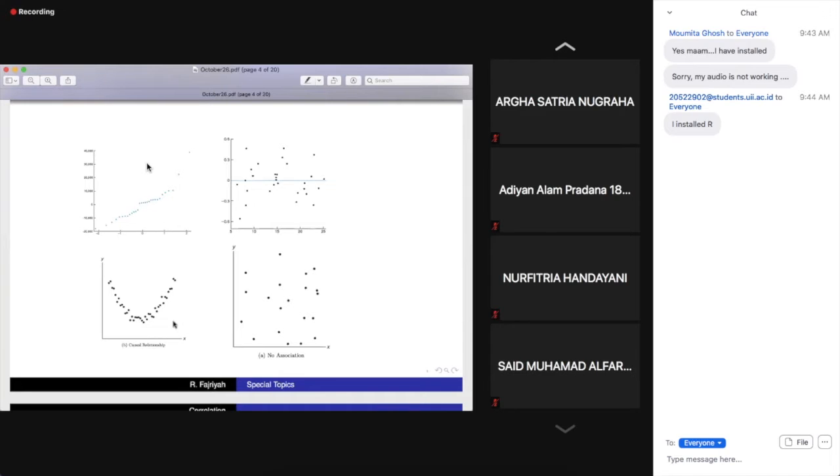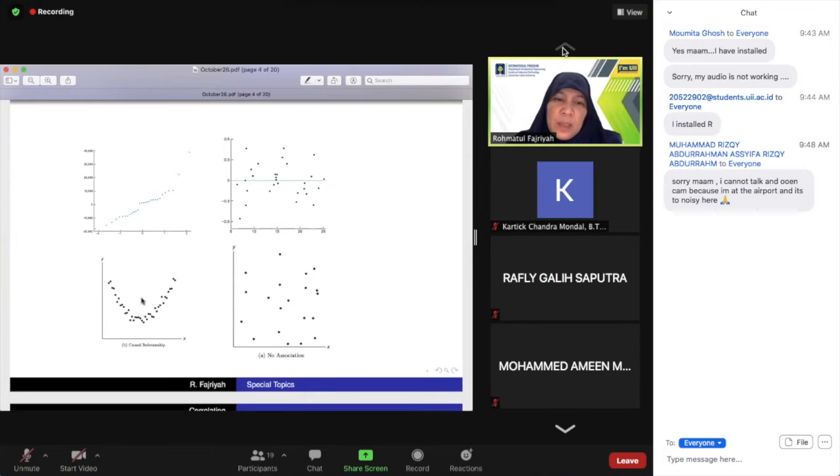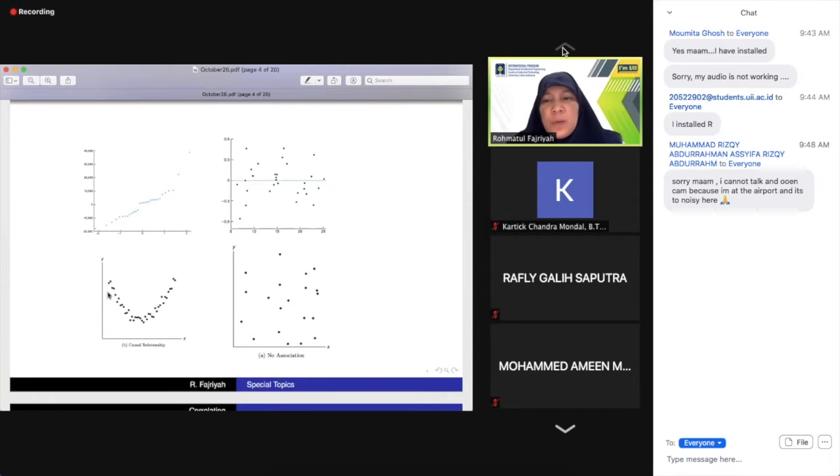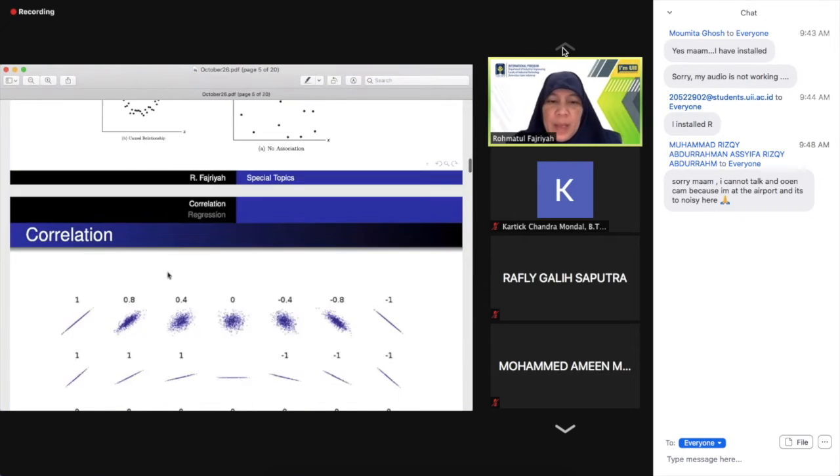If it is like B, which is on the bottom here, on the left side, you can see that there is a relationship or association, but it is not a linear relation. Okay, the relationship is not linear. It looks like this is a quadratic relationship. Okay, so that's about correlation.